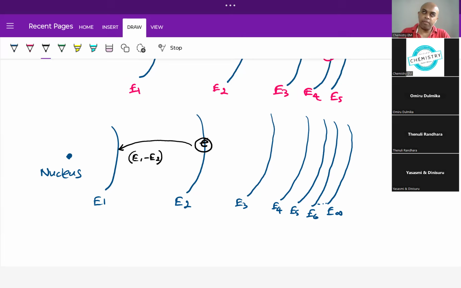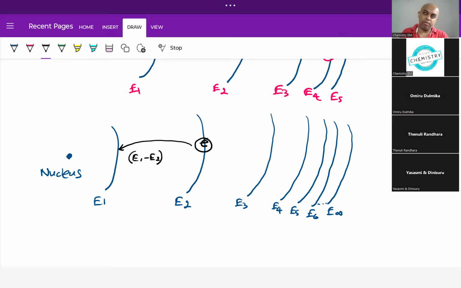Next bullet point. There are an infinite number of energy release ways.